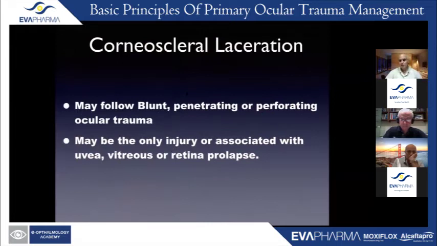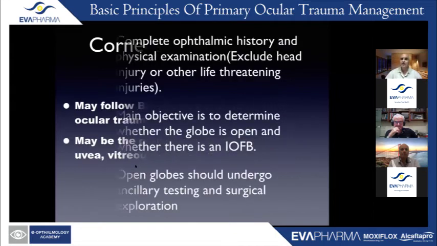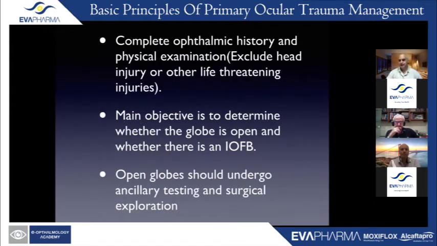Corneoscleral lacerations can follow blunt, penetrating, or perforating ocular trauma, and perforating means there is entry and exit. It may be the only injury in the eye, or associated with the cornea and the sclera, or can be associated with uveal, vitreous, or retinal prolapse and injury. So you have to be careful identifying the tissues.